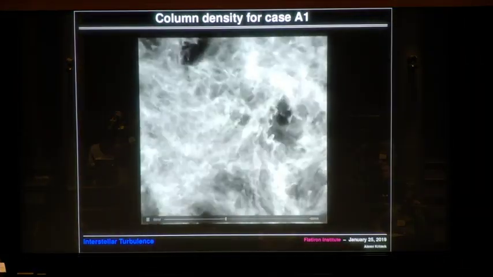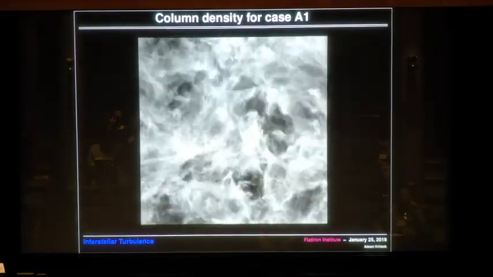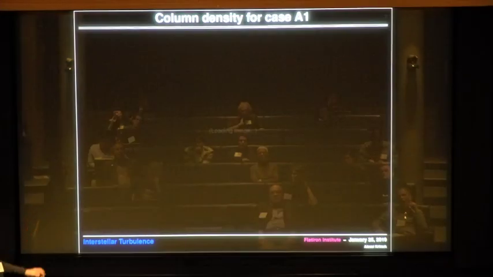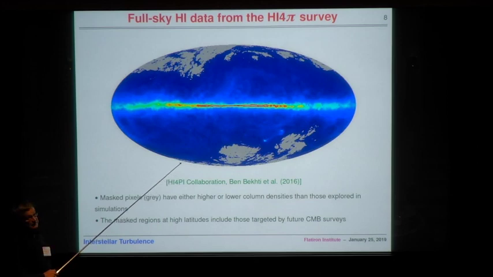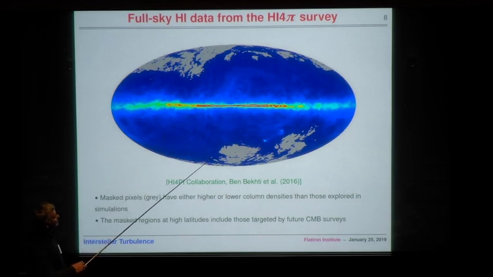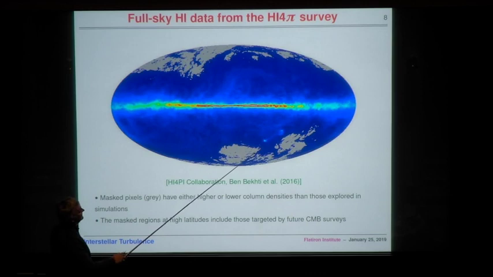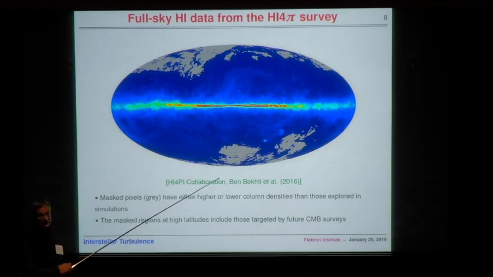So this is our one multi-phase case, and what you see is just the column density movie. So here we compare the column densities that we have in that model, and we overplot them onto the HI4PI survey map to show that these areas are outside the range that we have in the simulation.